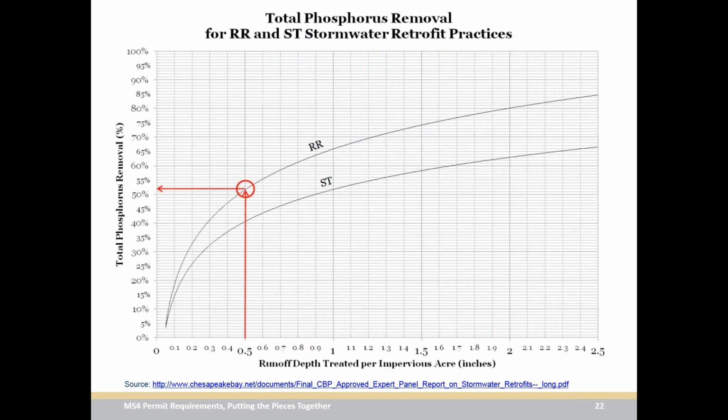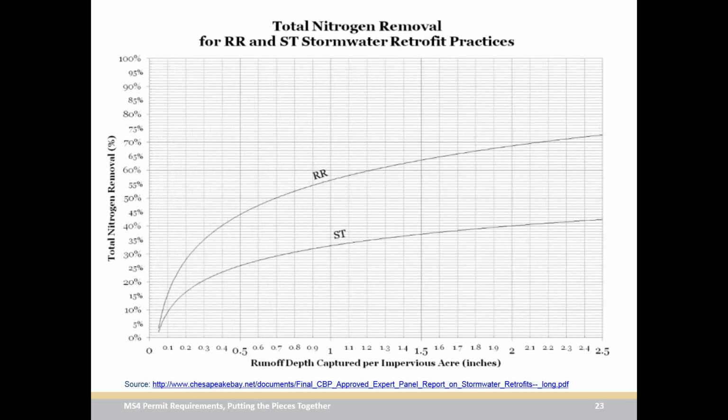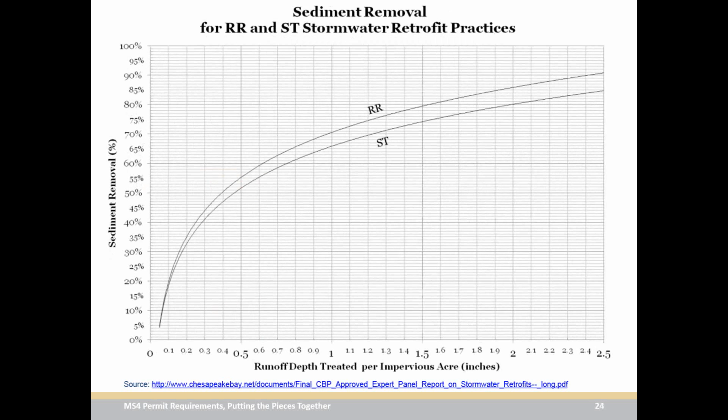The pollutant reduction curves are provided in the CBP panel. There's one for total phosphorus, total nitrogen, and sediment. As stated before, you need to know whether your practice falls under stormwater treatment or runoff reduction to determine which curve to get your removal rates from.